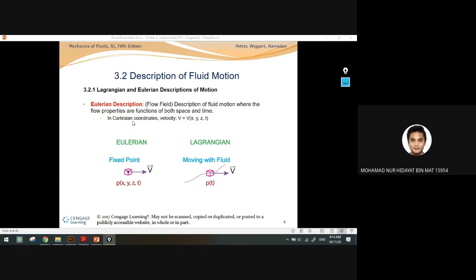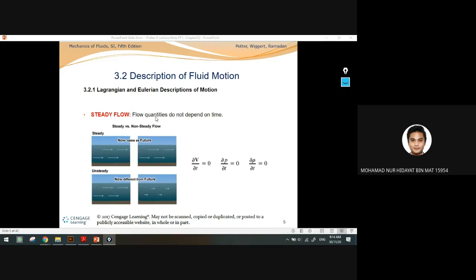However, the Eulerian involves the flow field.